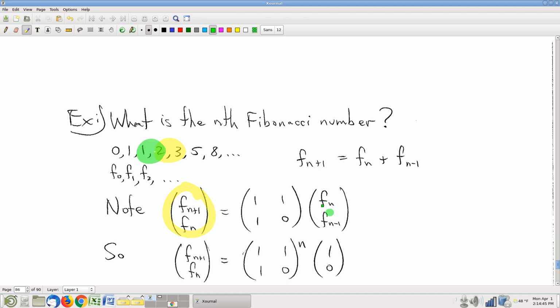Do it like this, by multiplying by this matrix. It's just a matter of directly observing. This says the n plus 1 Fibonacci number is the sum of the two previous. Okay, that's what we had before.